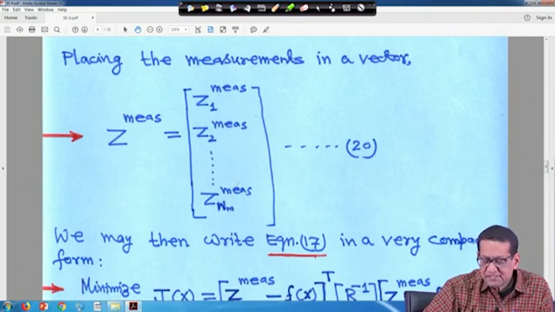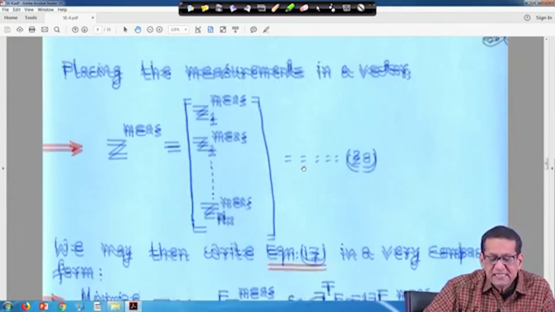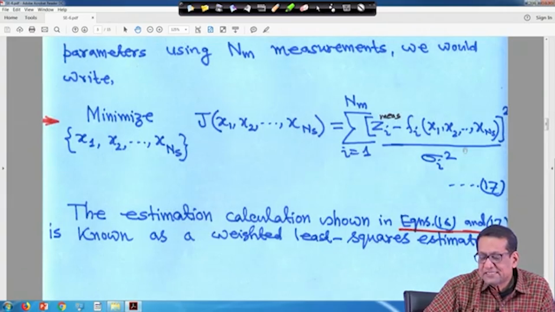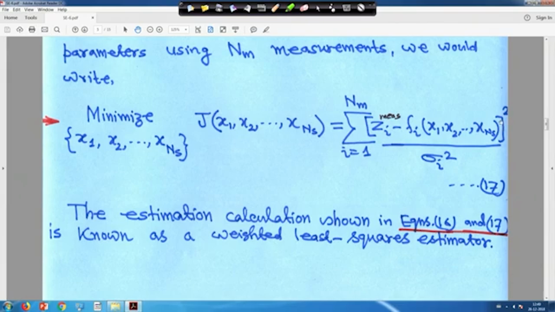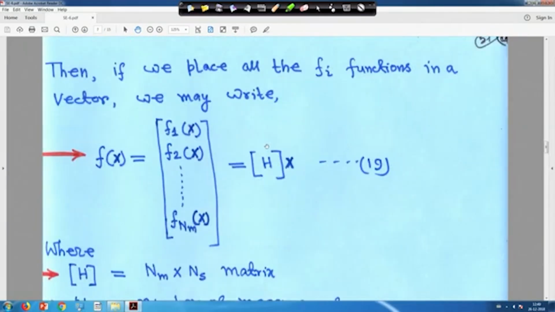We may then write equation 17 in a very compact form. If you go to equation 17, it is a quadratic function: z_i measure minus f_i of x1, x2, up to x_ns, whole square, divided by sigma_i square. It is basically a quadratic function, and you have ns number of state variables and nm number of measurements.